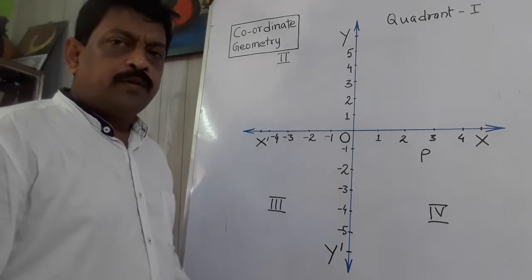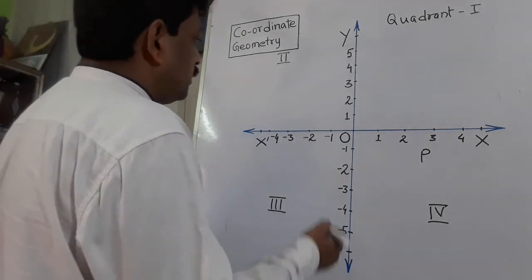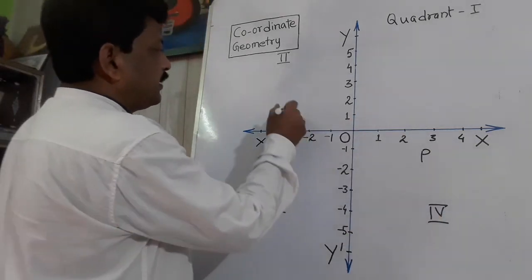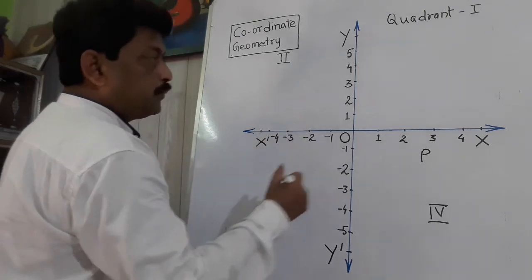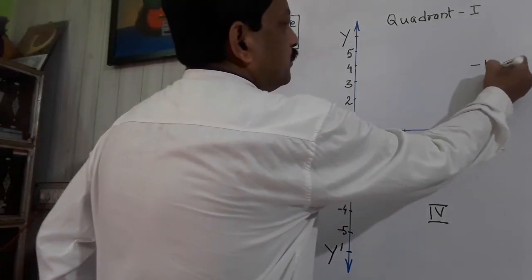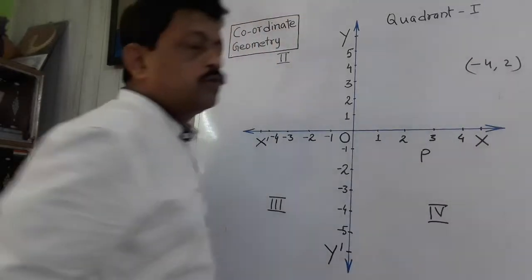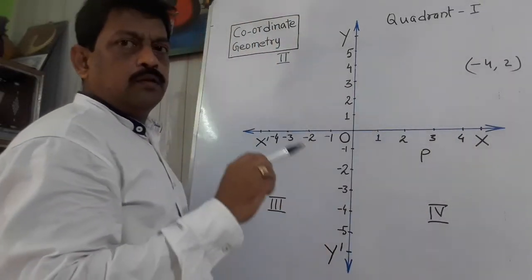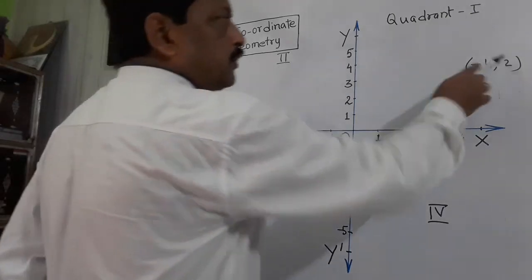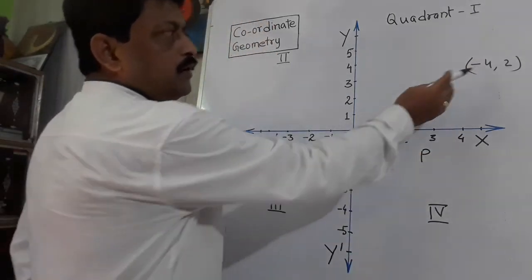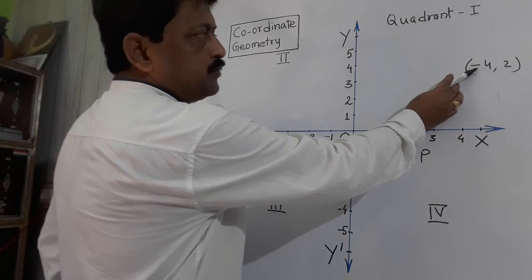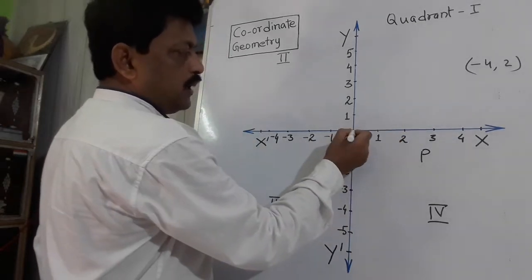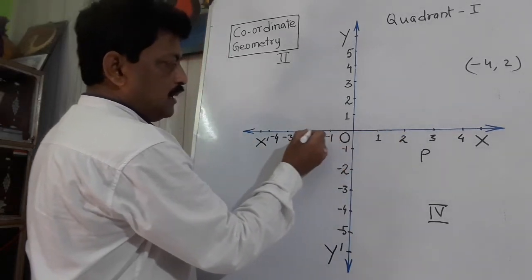Now take another point. Let us take (-4, 2). So what do we have to do? First we have to locate -4, then go to positive 2. Since the x-coordinate, that is the abscissa, is negative, we have to move towards the left.